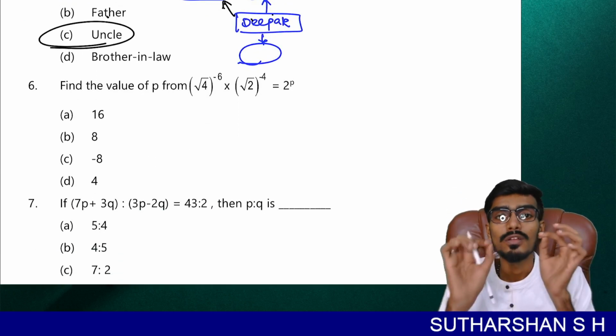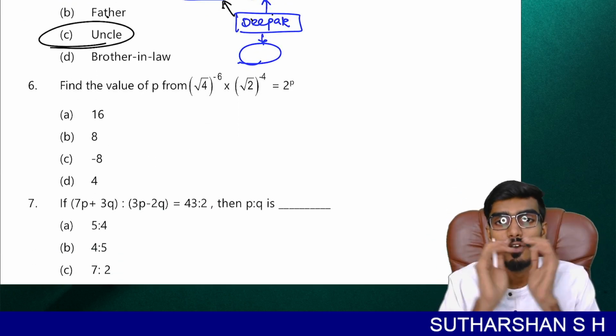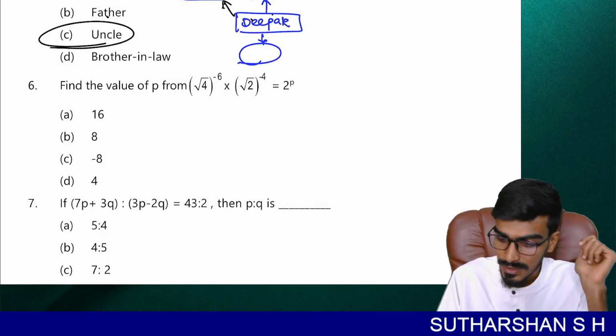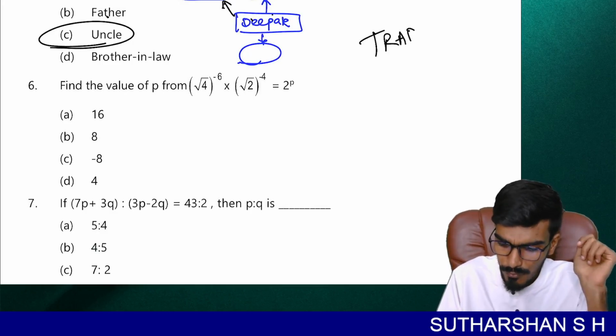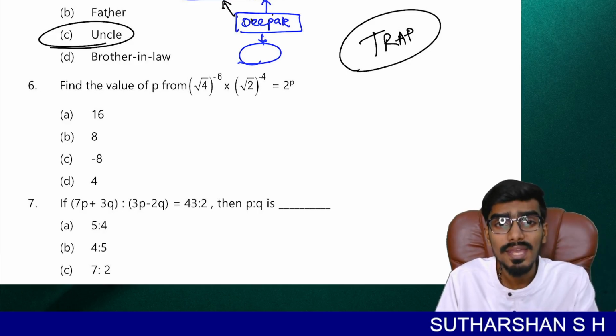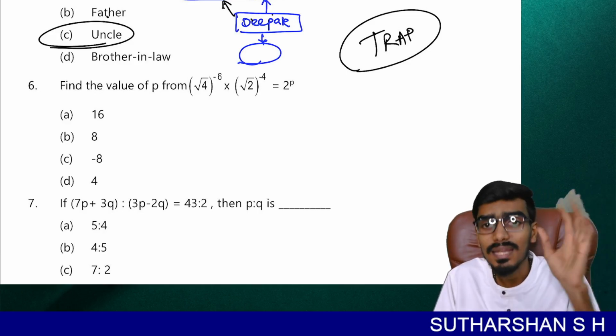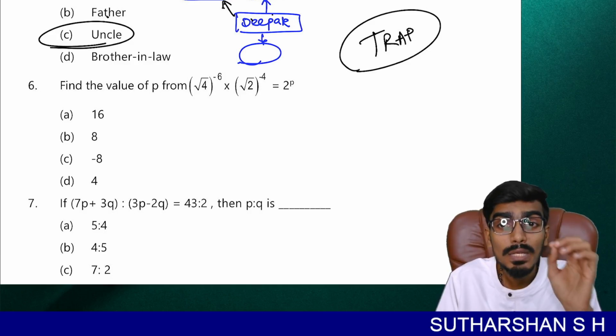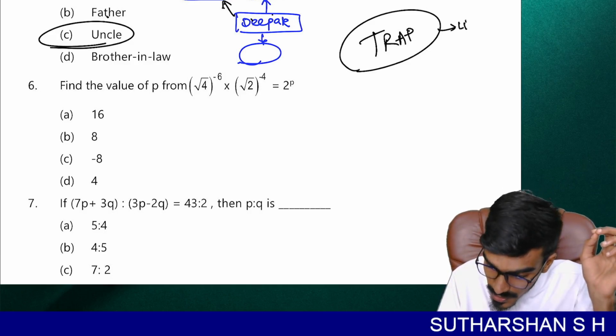Easy thing. Now I will give you a certain tip for logical reasoning. Logical reasoning is a trap. I can say for many people it is like a trap, for those who are particularly depending on logical reasoning for the 20 marks to pass.